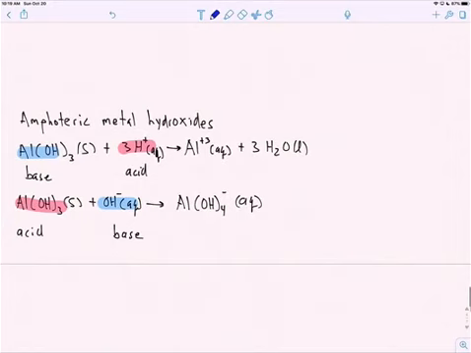So some last things to talk about with this chapter is amphoteric metal oxides and hydroxides. Metal hydroxides can act like both an acid and a base, and the term for that is amphoteric. The reason for this is because they do form ligands.